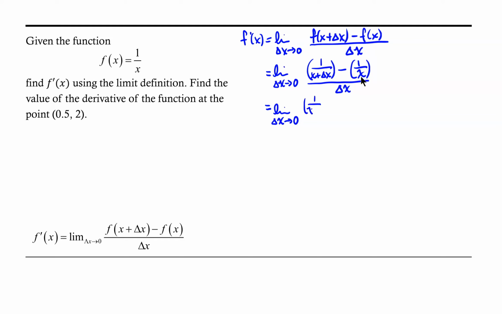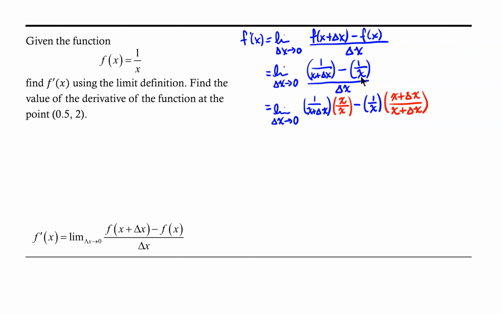So we're going to get something like this. 1 over x plus delta x times x over x. That will create a denominator that is x times x plus delta x, minus 1 over x times x plus delta x over x plus delta x.